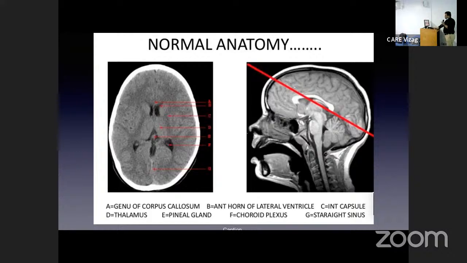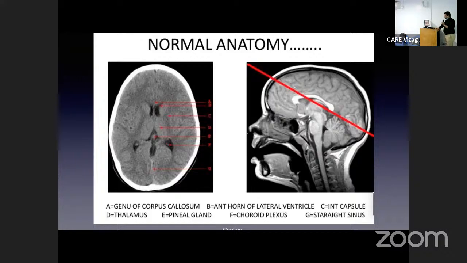Suppose the PCOM is only filling the ICA and its branches, and you have occlusion of the basilar and the P1 PCA. Automatically, though it is a posterior circulation stroke, because it is filling the anterior circulation also, you'll be seeing infarction in the anterior circulation territory. So understanding the vessels in the particular case is important to know how the infarction has happened. Rather than thinking of two different vascular territories, usually it will be a single vascular territory which is also reinforcing the other vascular territory.